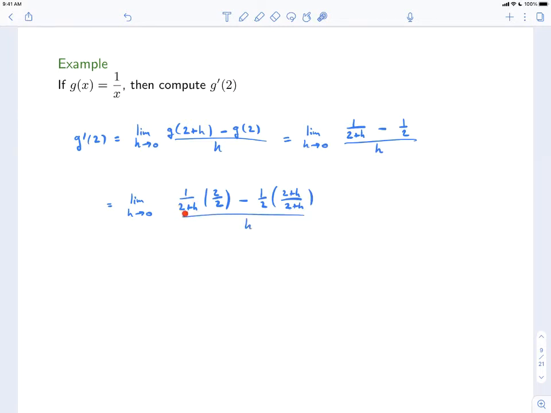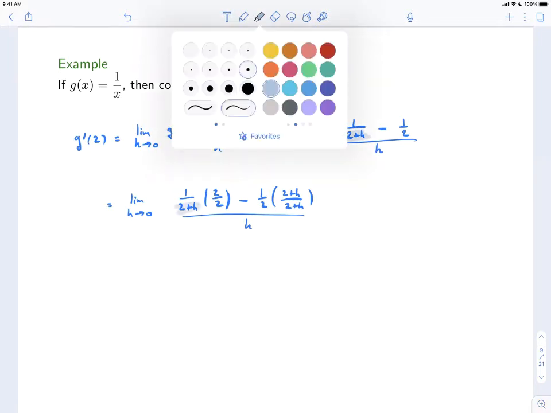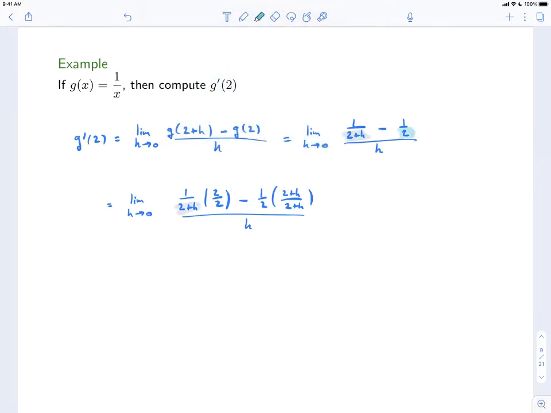So we had a 2 plus h here, and we had a 2 here. So here's the 2 plus h, there's the 2 plus h. And then we had a 2 here and a 2 here. So we want to give these a common denominator. So this one has a 2 plus h but needs a 2. So you multiply by 2 over 2. This term has a 2 in the denominator, but we need a 2 plus h.